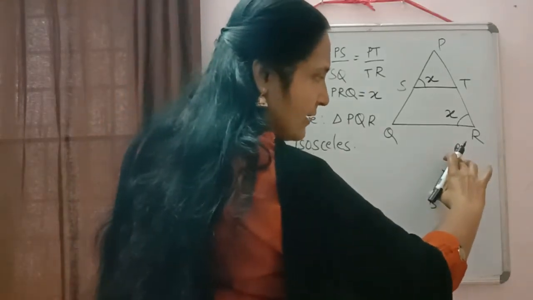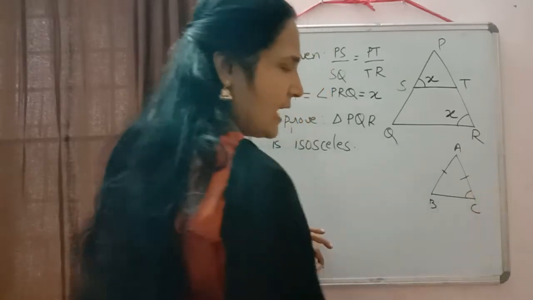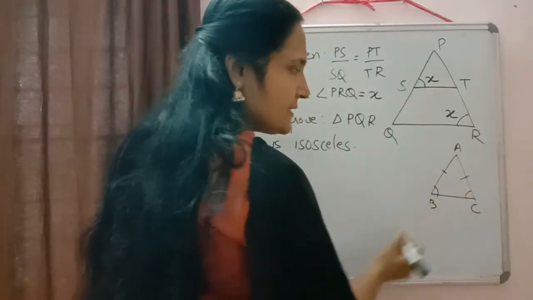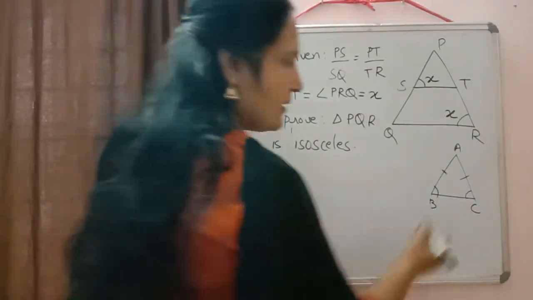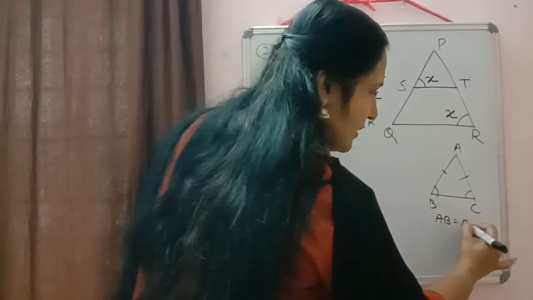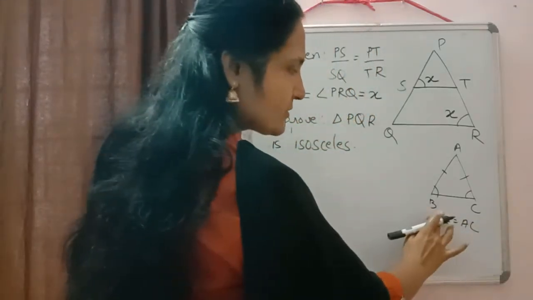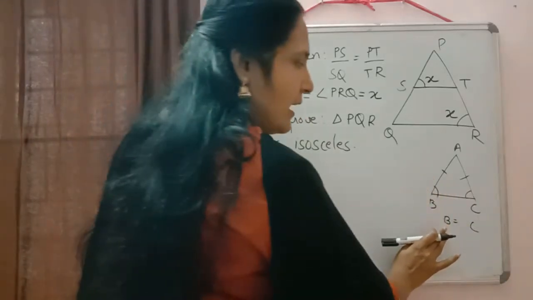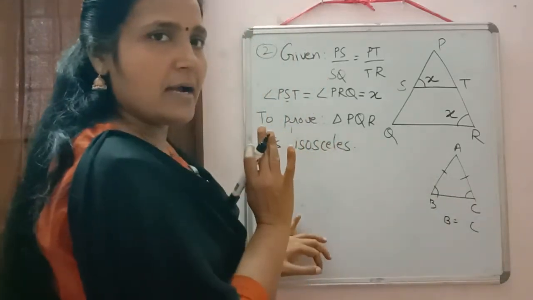Means the angle opposite to AB, that is angle C, will be equal to the angle opposite to AC, angle B. So AB is equal to AC, A is common, so which two angles should be equal? Angle B should be equal to angle C.